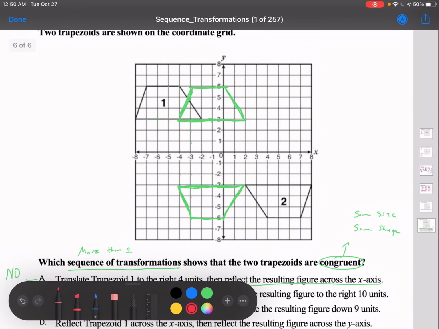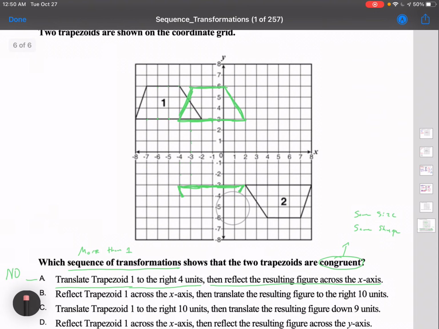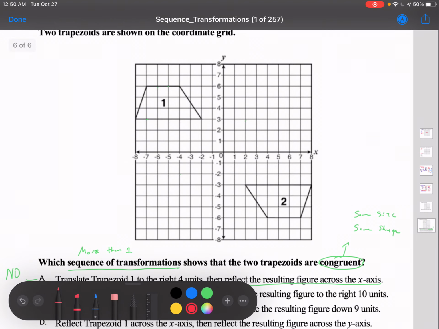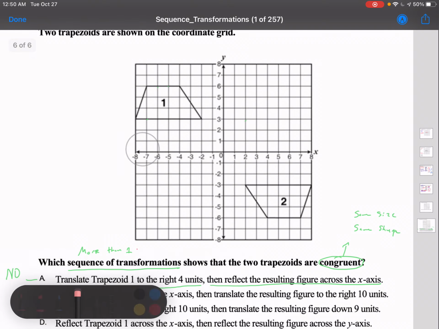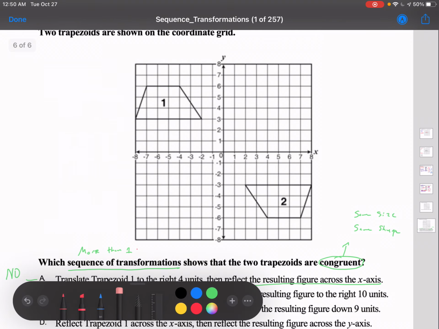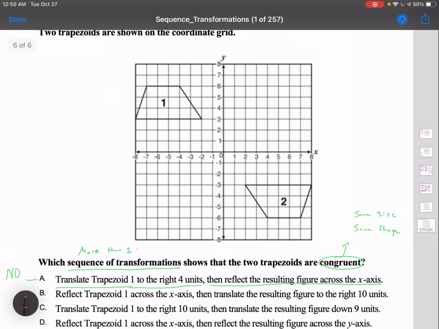Let's try it with another one. It says reflect trapezoid 1 across the x-axis. Remember, we're flipping it across the x-axis. So in order for us to flip this, we need to count how far away my points are from the x-axis, and remember the x-axis is right here. I'm 1, 2, 3.